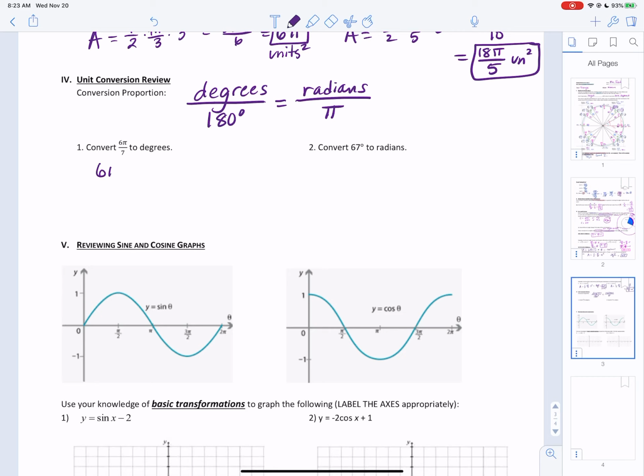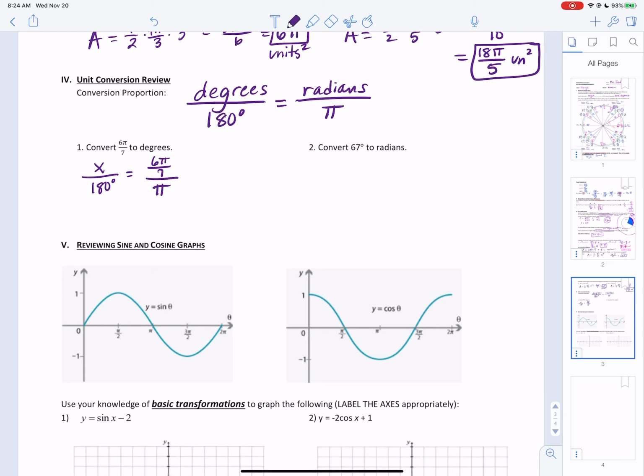Like this one, 6 pi over 7 is a radian measure. So you can set up the proportion. We want to convert it to degrees, so we don't know what the degrees are. So degrees over 180 equals the number of radians over pi.